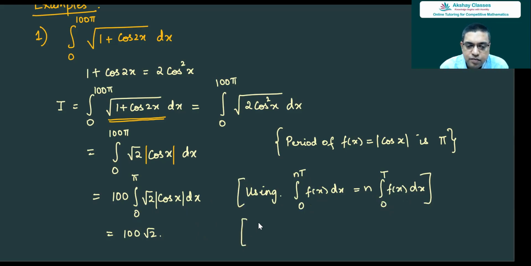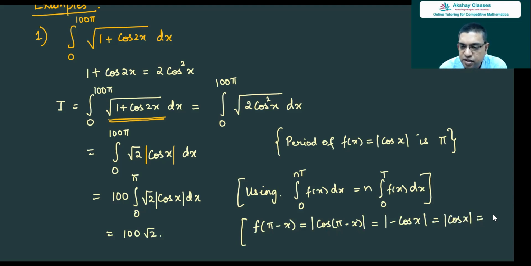Now f of pi minus x for this modulus of cos x will be mod of minus cos x, which is modulus of cos x, same as f of x.